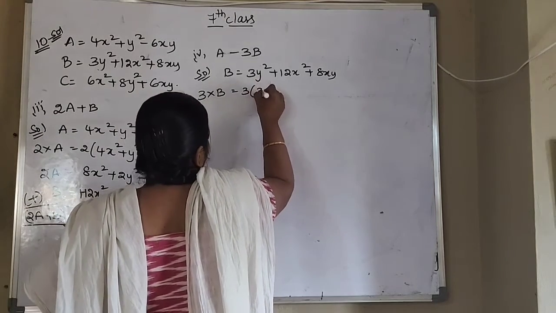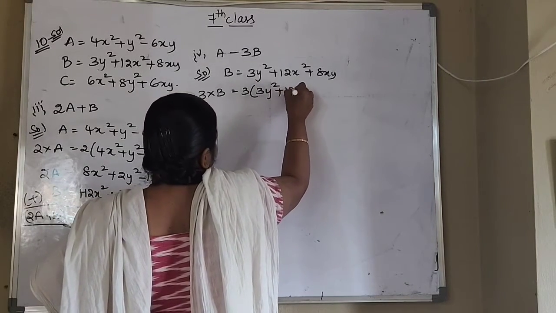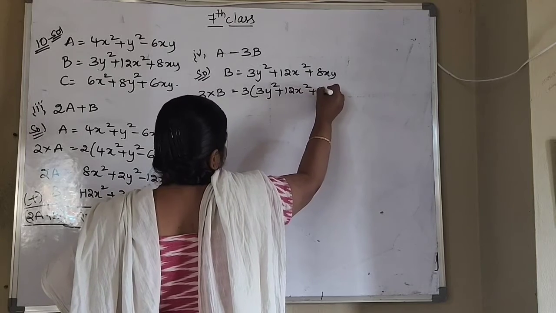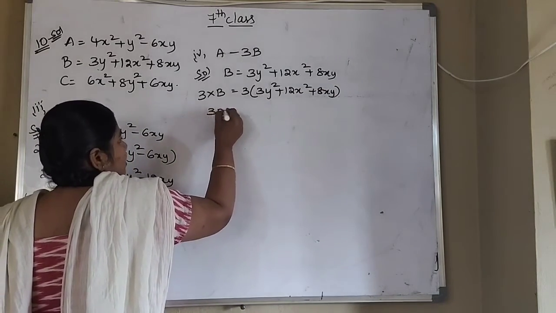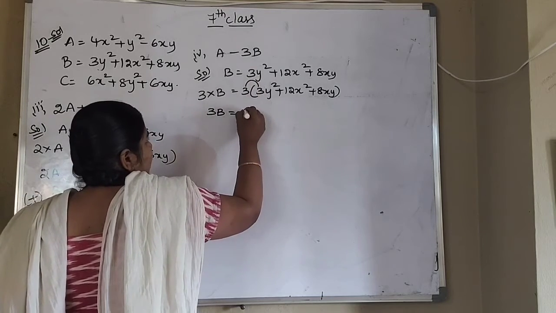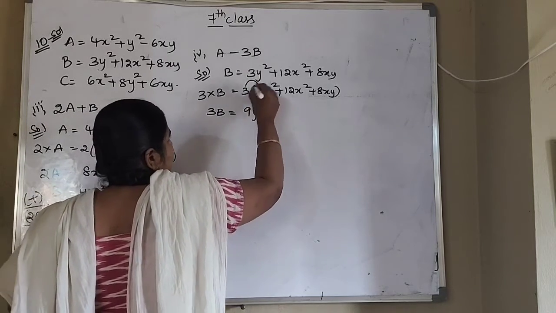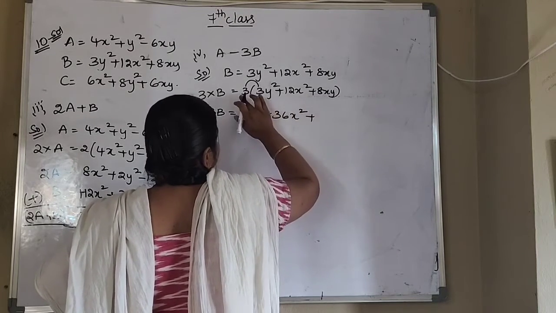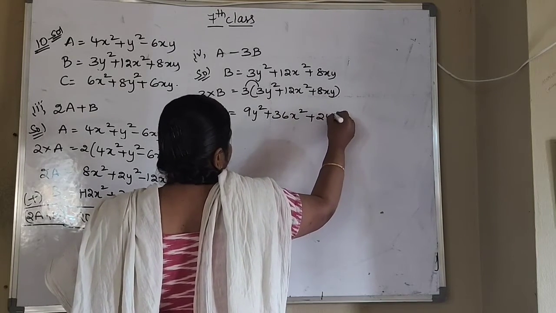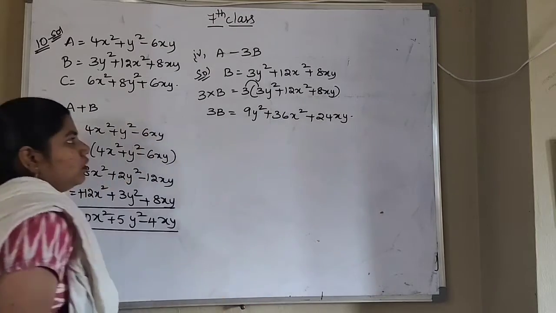So 3 into 3y square plus 12x square plus 8xy. Now multiply the terms. 3B is equals to 3 3s are 9y square plus 3 12s is 36x square plus 8 3s is 24xy. Okay.